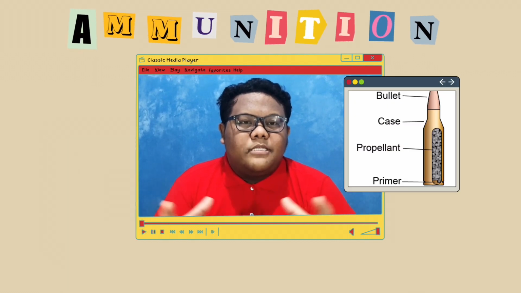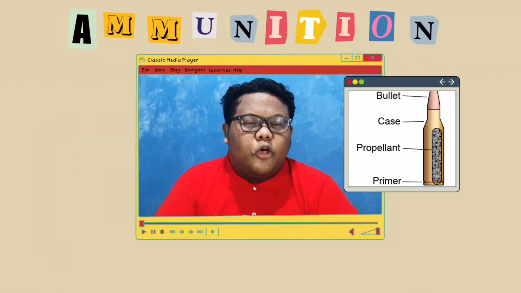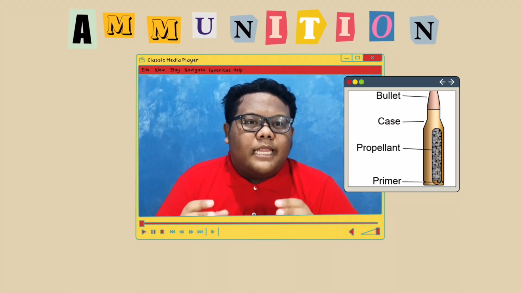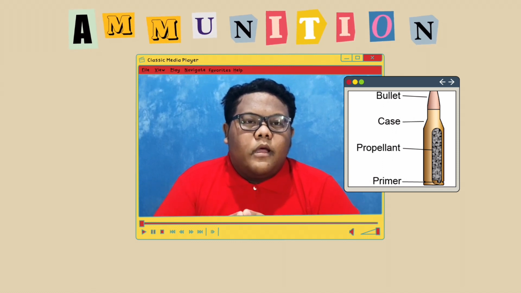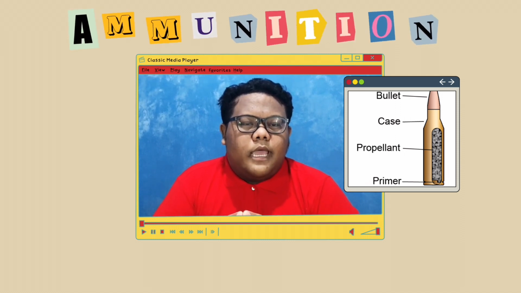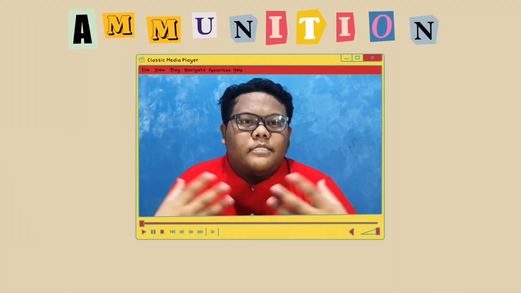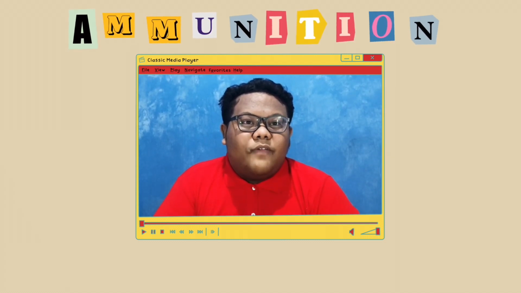At the front, the tip of the ammunition, there is the bullet, attached to the cartridge case. Inside the cartridge case there is the propellant, which most of you know as gunpowder. And at the back end of the cartridge case, there is a primer. I hope you can picture the image of ammunition.